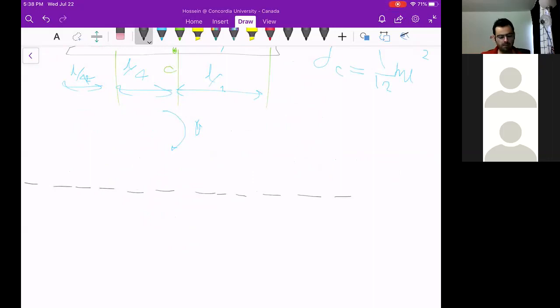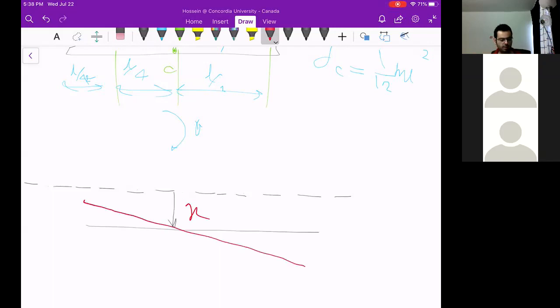From this point, in order to derive the equation of motion, I simply pull the beam down, point C, by x, and then I rotate the system like this.